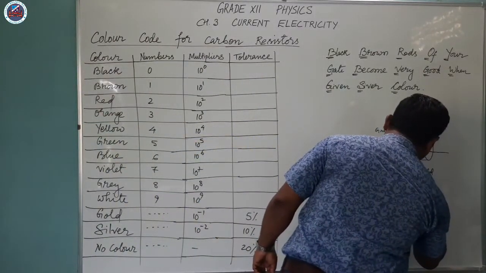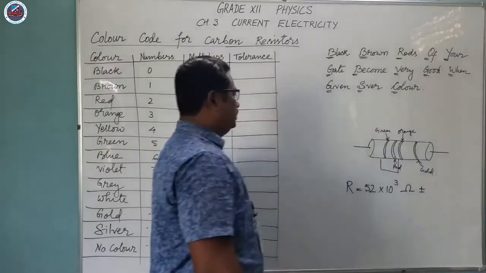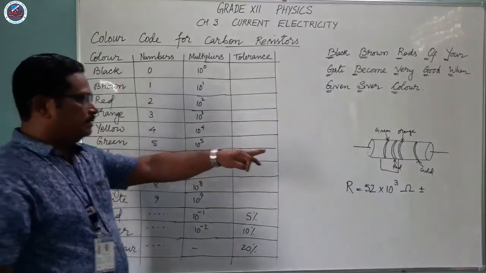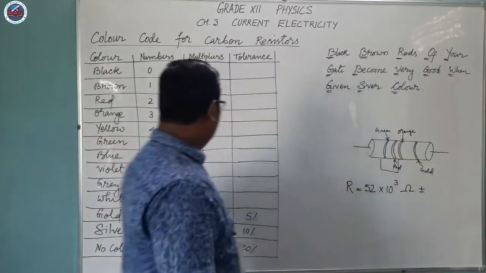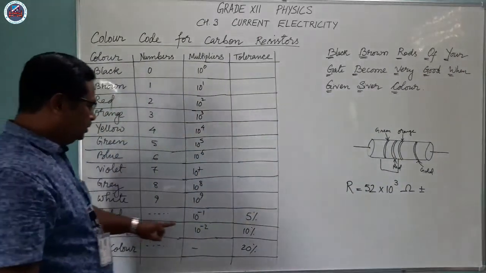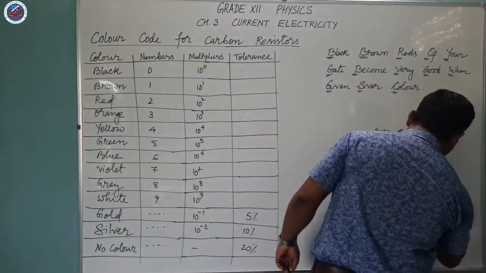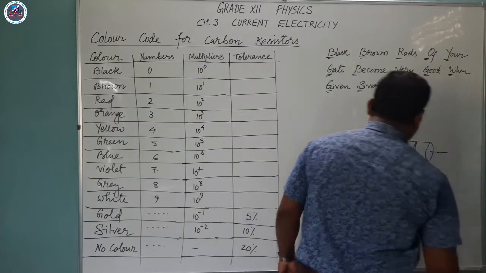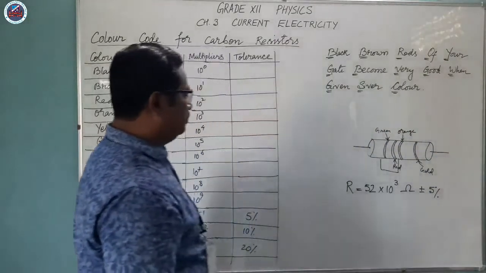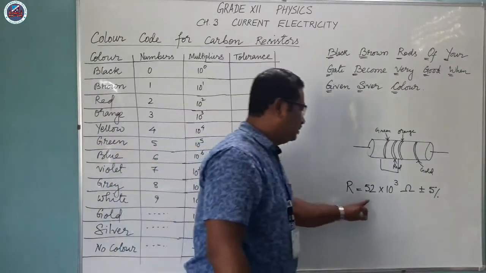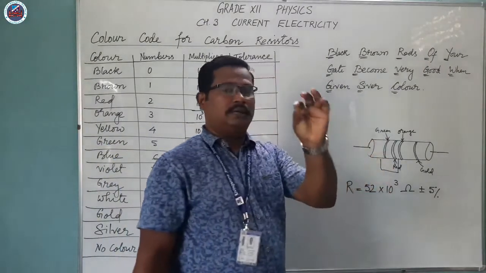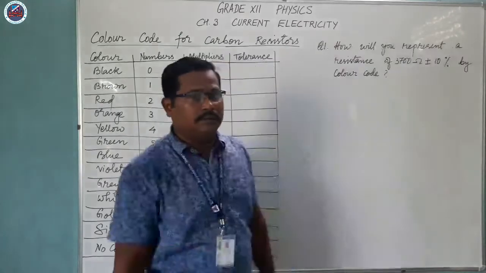Then plus or minus the tolerance. We will write down the last band, it is gold. So gold tolerance is how much? Is 5%. So I will write 5%. This way you can get the resistance of the particular carbon resistor.